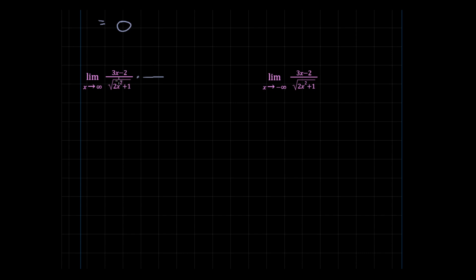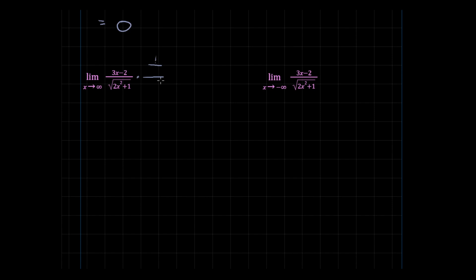Why is it 1 over x and not x squared? Because if you pretended that the 1 isn't here, then the denominator would be absolute value of x times square root of 2, right? So this radical would undo that square, but it would definitely be positive.